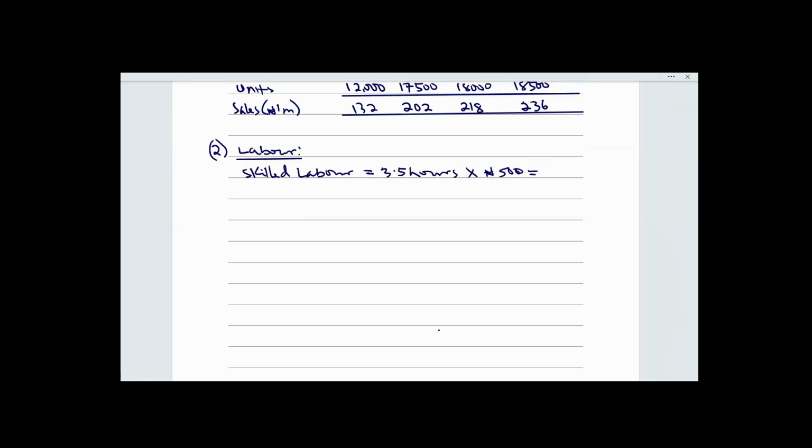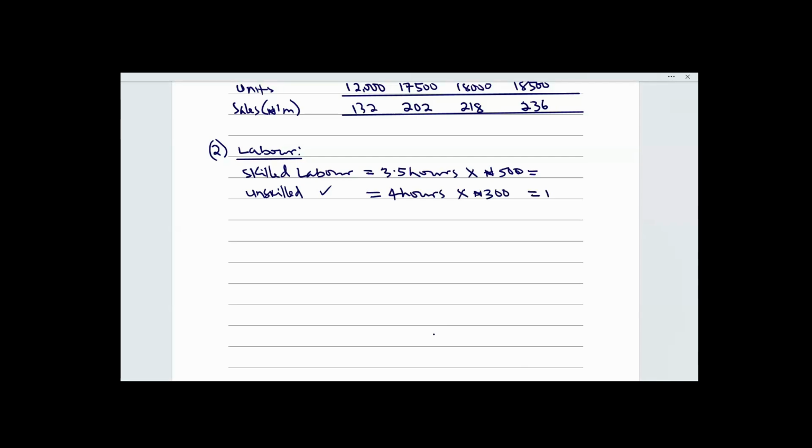So what do we have here? We also have unskilled labor. Unskilled labor is, according to the question, 4 unskilled labor hours at 300 naira per hour. So 4 hours multiplied by 300.